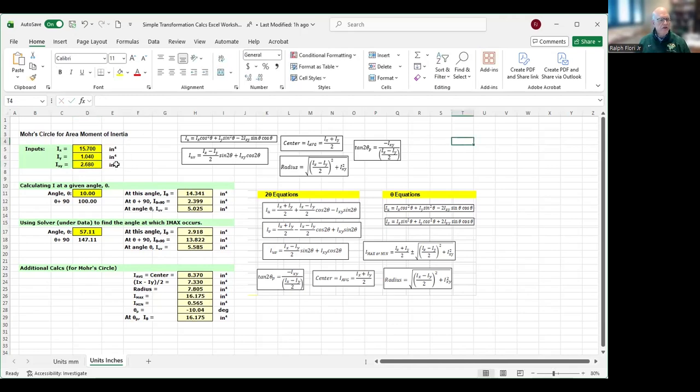Those are our starting values, and our goal was to calculate IU and IV where theta is 15 degrees.